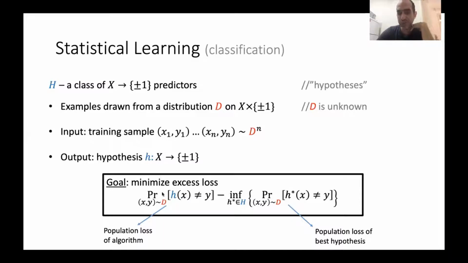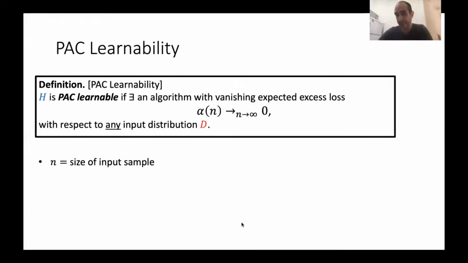So the probability that our output hypothesis makes a mistake on a new example is at most this probability with respect to the best h star in H, plus a small excess. This is called the population loss. Class H is PAC learnable if it can be learned by an algorithm whose excess loss vanishes when the number of examples goes to infinity, at a rate which is independent of the input distribution D.